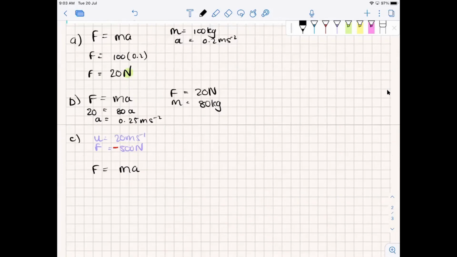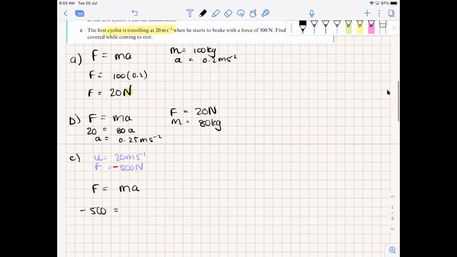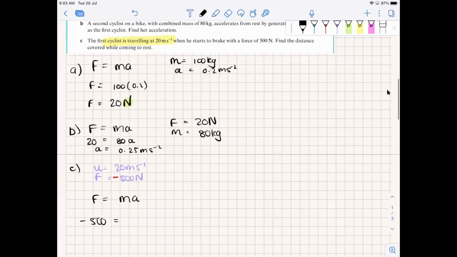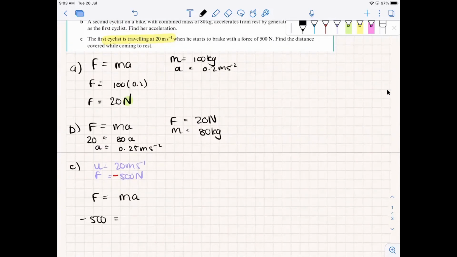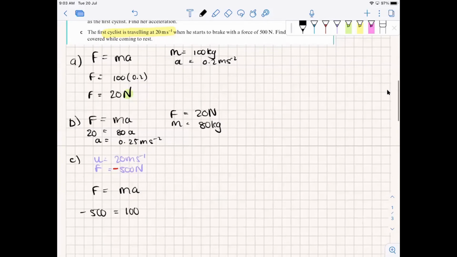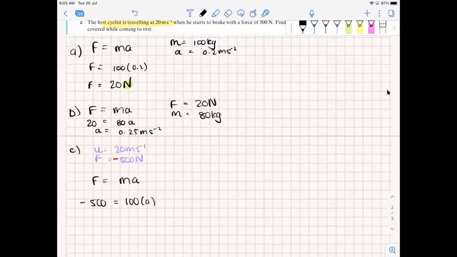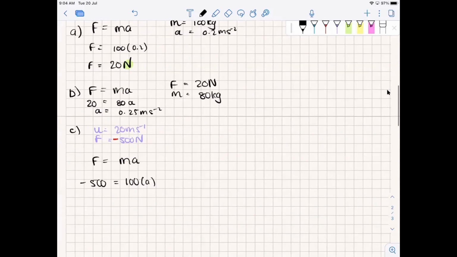Because the force happened in the opposite direction, it's minus 500 newtons equal to the mass, which was 100 kilograms, times the acceleration, the thing we're trying to work out. So here we get an acceleration of minus 5 meters per second squared.